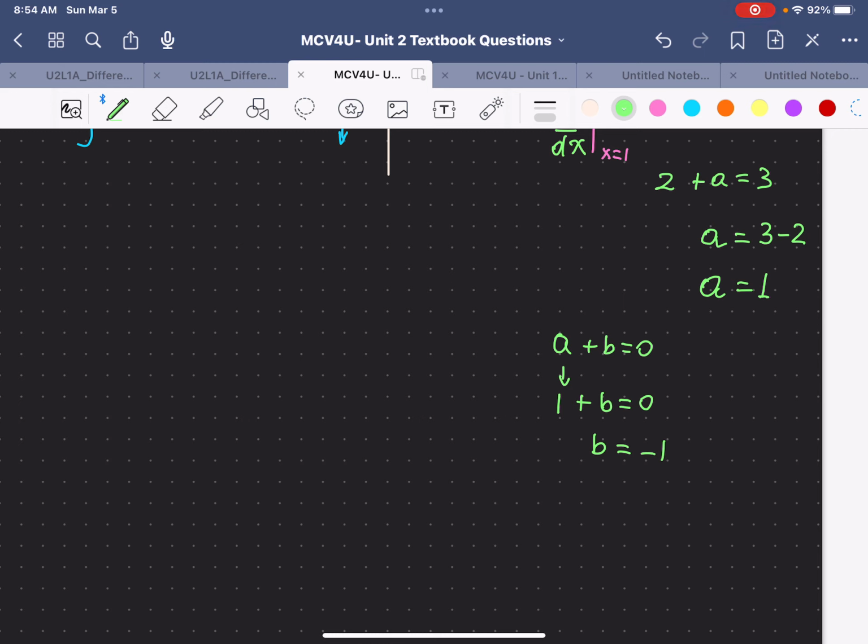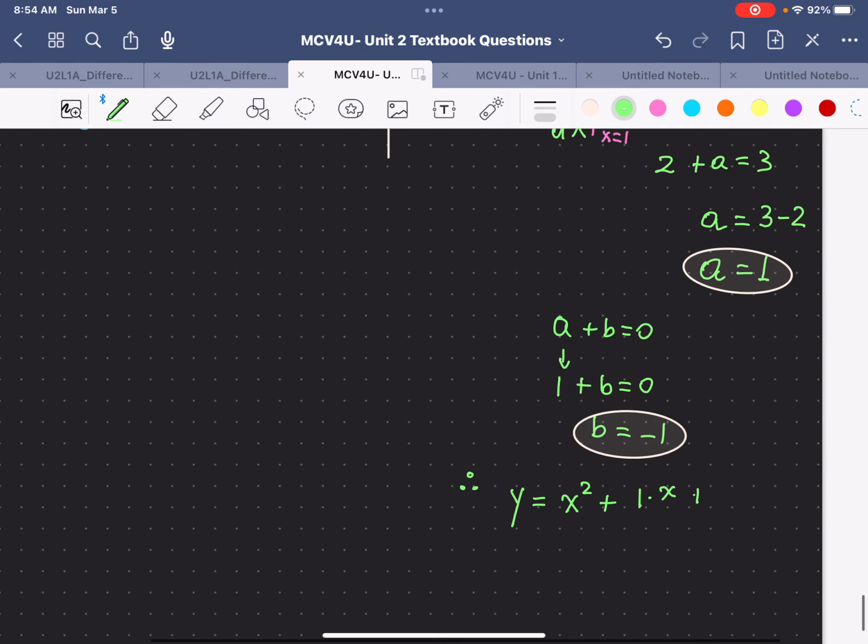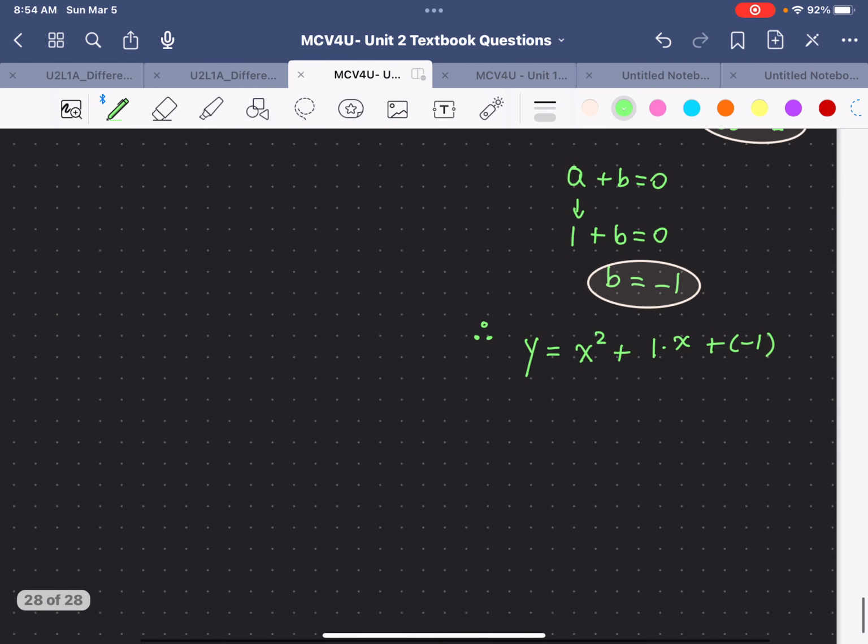So therefore, the coefficients a and b are respectively 1 and negative 1, which will make the equation of the parabola y equals x squared plus 1 times x, plus negative 1. Or even better, y equals x squared plus x minus 1.